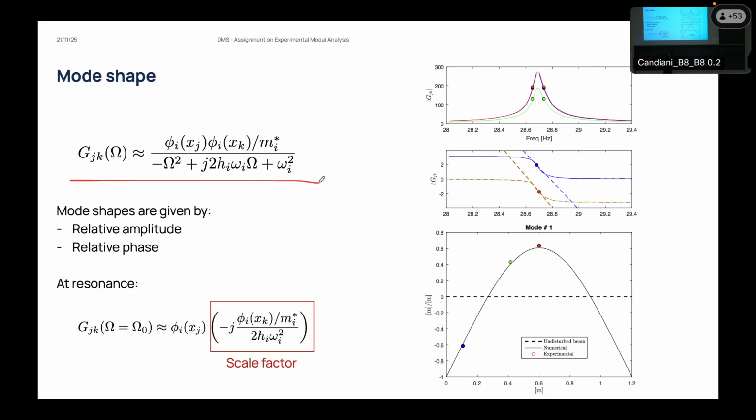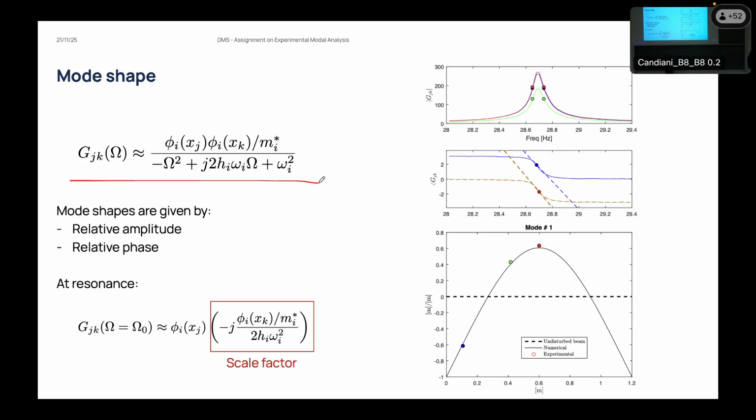If you compute G1k, and then you still have the same k, this one will lead you to phi_i(x1), because this is the output, times phi_i(xk) divided by the modal mass, divided by 2 xi omega_i squared. And then you will have the minus also, if you want to write it properly, and then the imaginary unit.